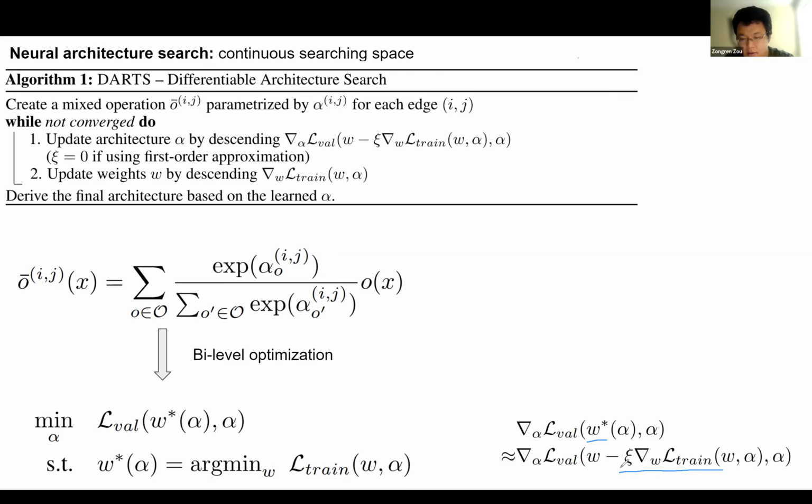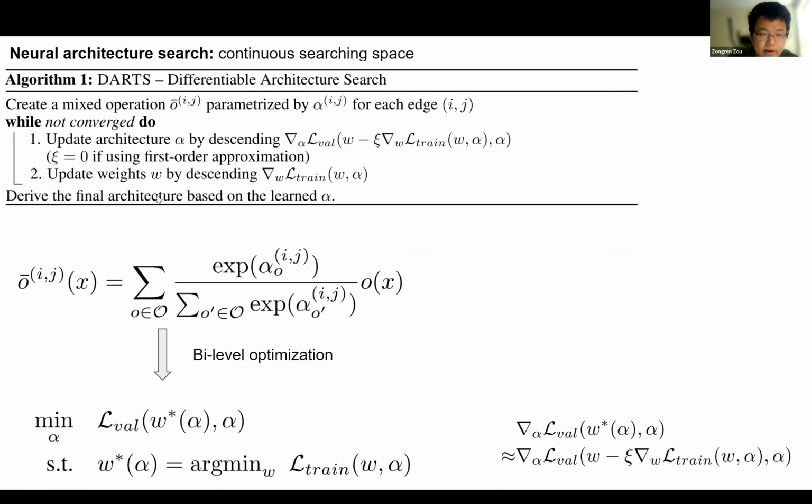So you see here is the regular gradient descent update in the regular training of a neural network, and the authors of this paper use this to approximate omega star, the real minimizer. Of course, it's not a good approximation, and then this C represents the learning rate.